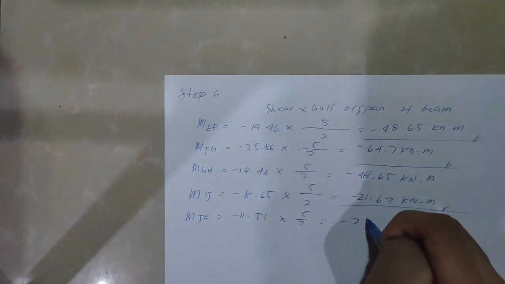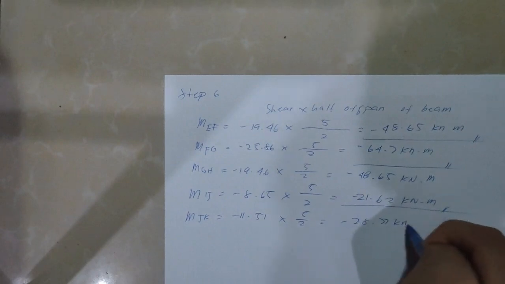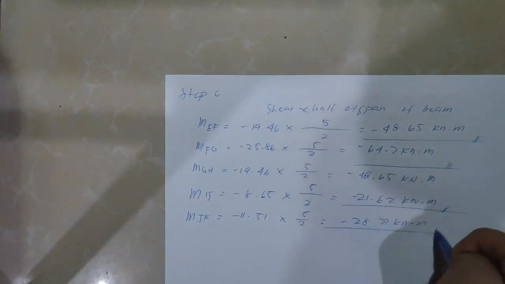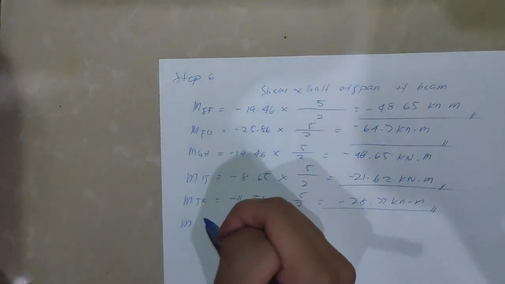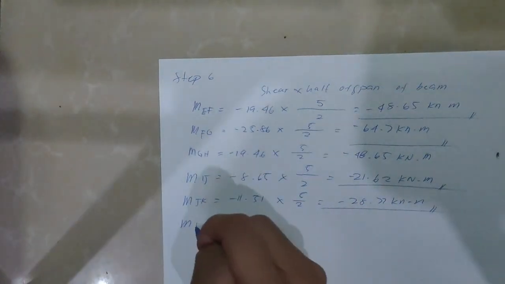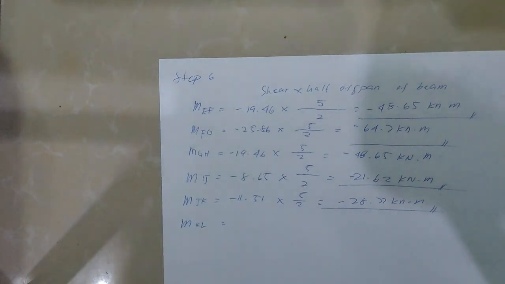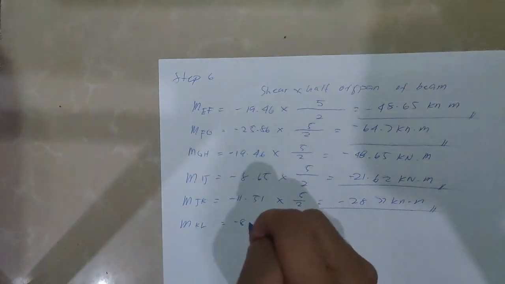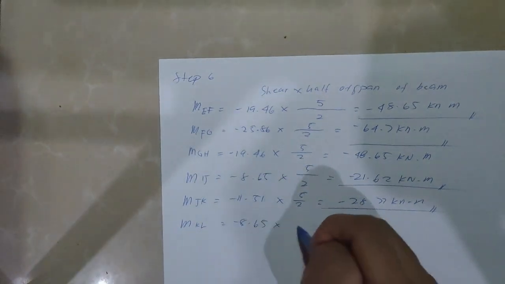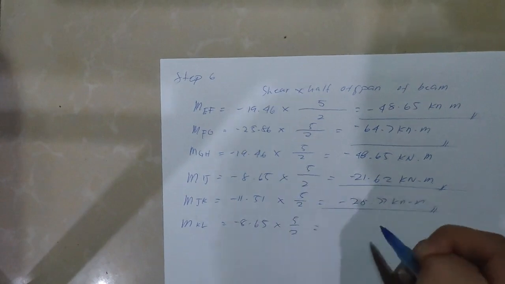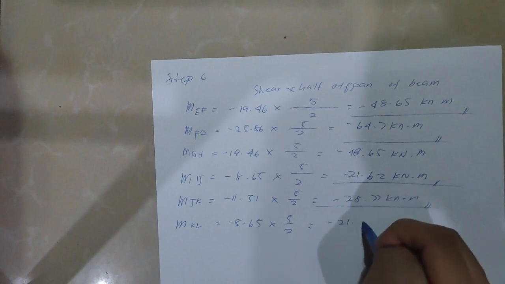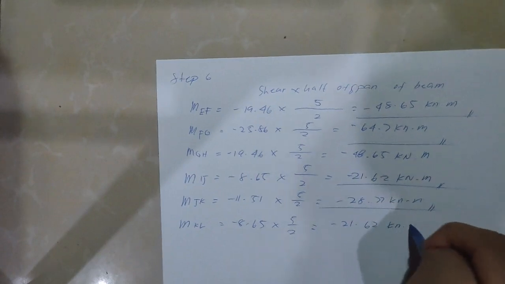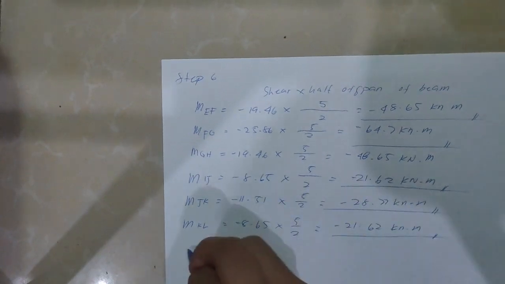Then we get the answer, negative 28.77 kilonewton meter. The moment at AL is equal to negative 8.65 times half of the span. We can get negative 21.62 kilonewton meter.